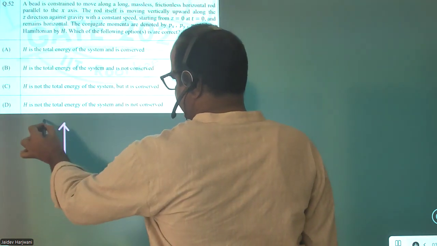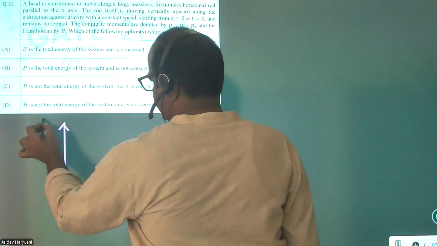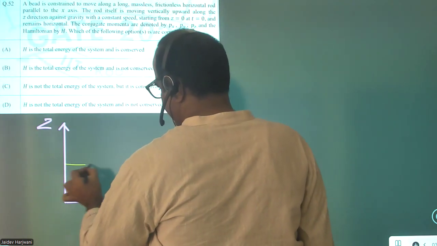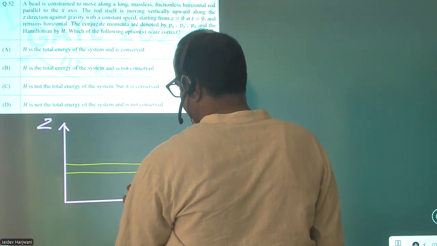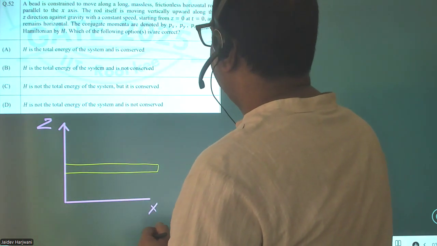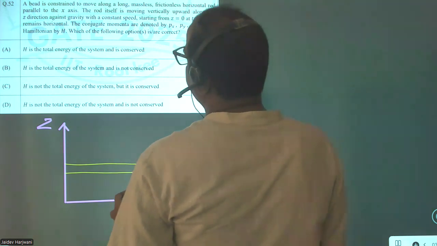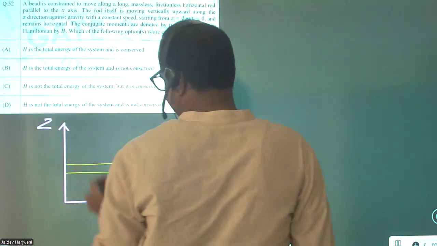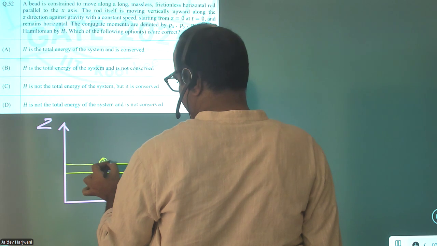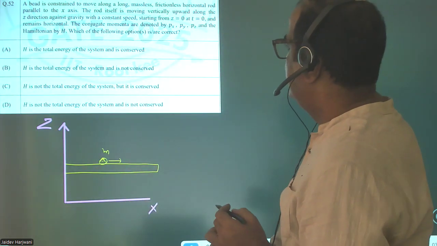This is your z axis, this is your x axis. A rod is placed parallel to x, so this remains horizontal, and your bead is moving parallel to the x-axis. This is your bead, moving like this, with mass m.